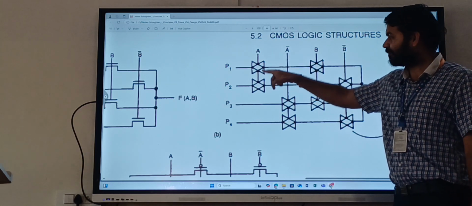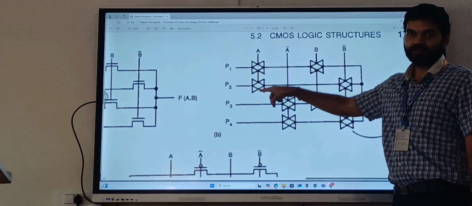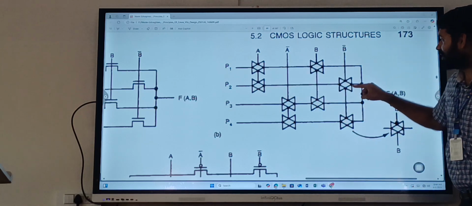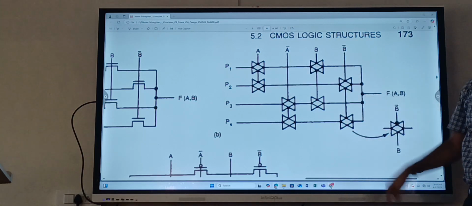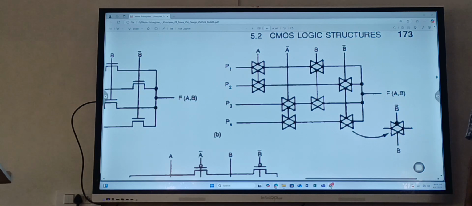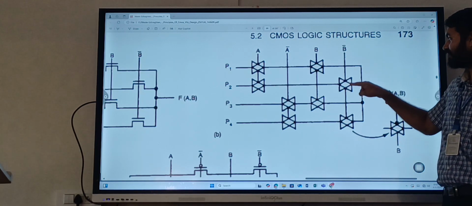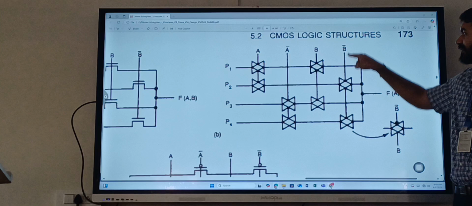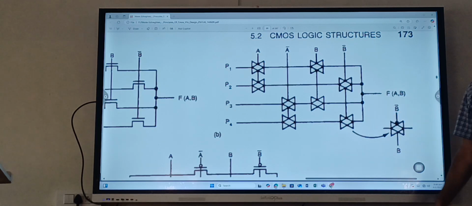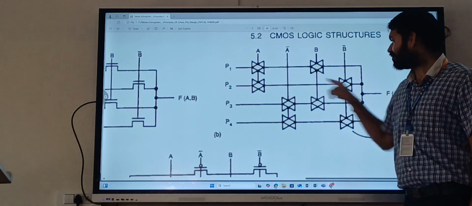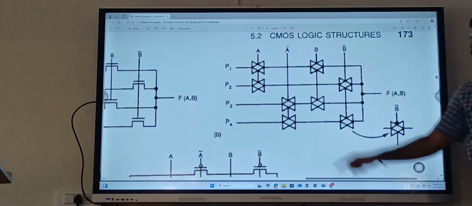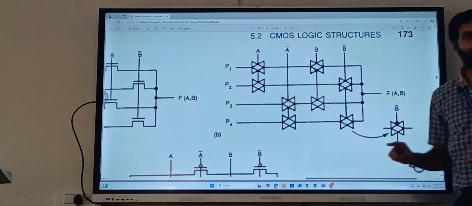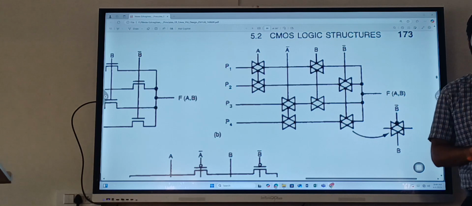So 1 going to PMOS makes it off. Similarly here, B bar comes directly. B is 0, so B bar is 1. So this is also off. PMOS is 1, so it is off. These two are off. When these two are off, P2 cannot reach the output. In the same way, P3, P4 cannot reach the output when A and B are 0 0.